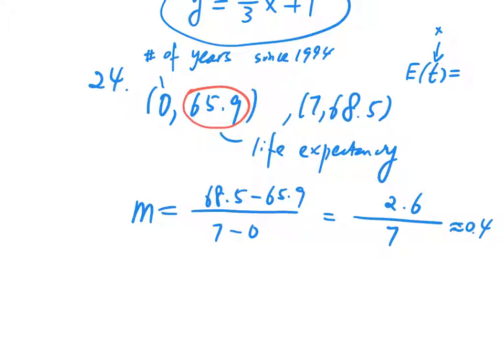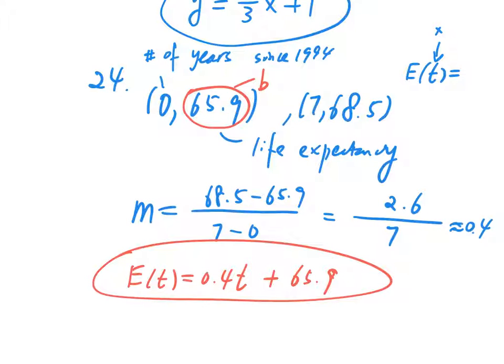See, this is the b, because the x coordinate is 0. So my final answer should be E of t equals 0.4t plus 65.9. That's the final answer.